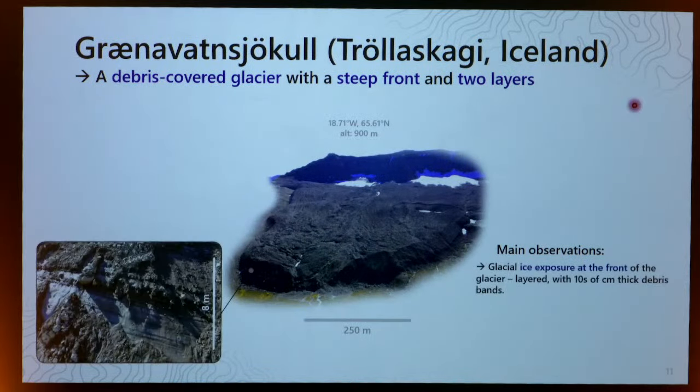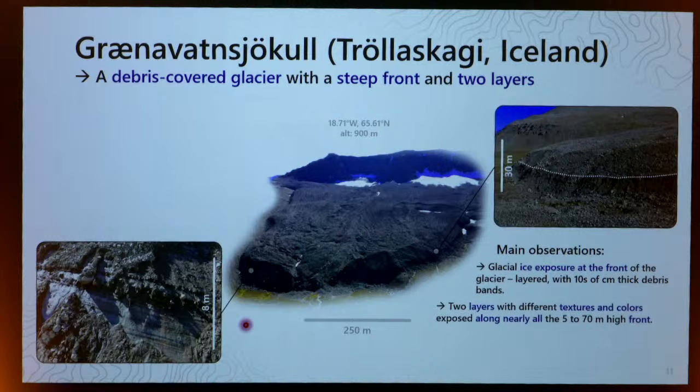First, we observe an ice exposure of glacial ice at the front of the glacier. You see here in the picture that it is layered, with tens of centimeters of thick debris and boulders embedded within the ice. That's an interesting observation because it confirms that this glacier is actually a debris-covered glacier, with thick ice underneath the debris cover, and that is the case down to the front.